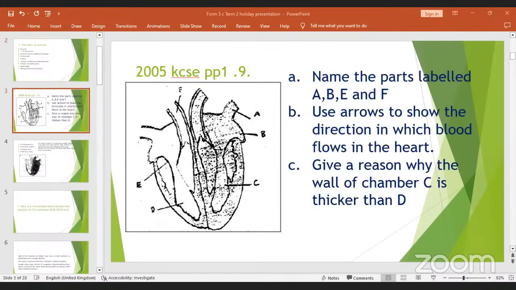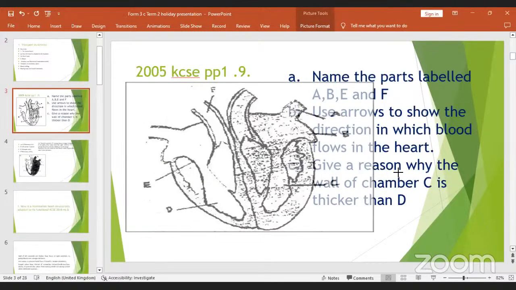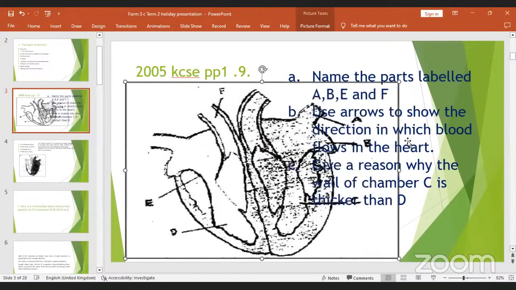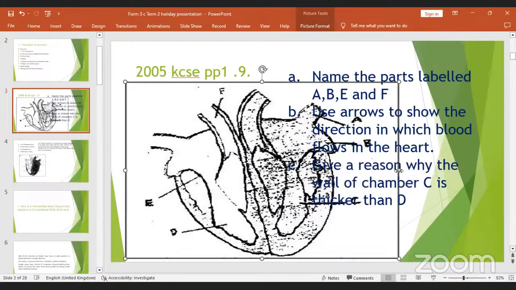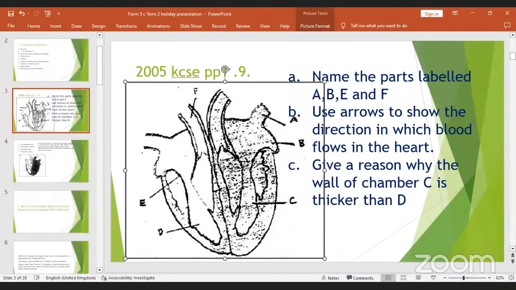If you can see here, there is a septum, and I want to tell you where that node is placed specifically. The atrioventricular node is placed almost in the middle, the junction between the ventricles and the auricles. At that point, that's where you find the atrioventricular node. So that's where the wave comes.